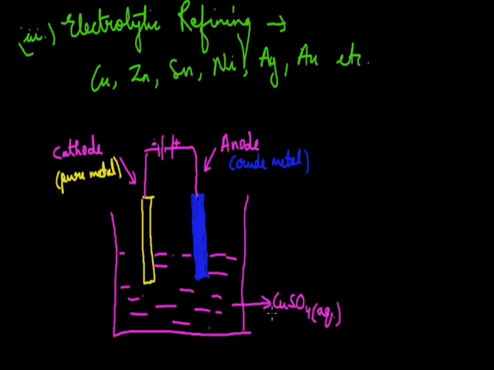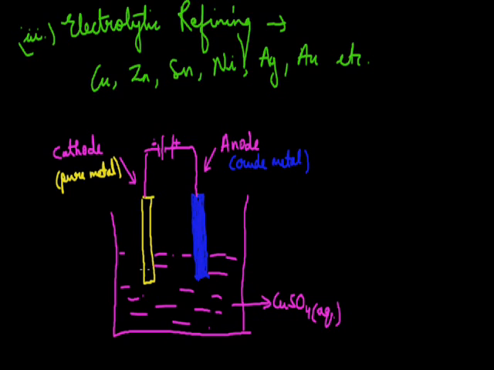Now the crude metal is cast into the thick rod. Here the anode is the crude metal rod, and we say it is the positive electrode. The thin sheets of pure metal are made the cathode. Here this sheet is initially very thin.